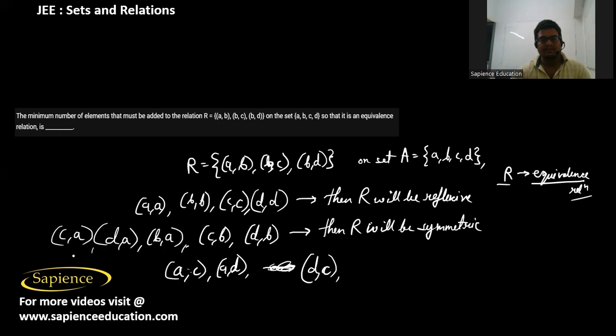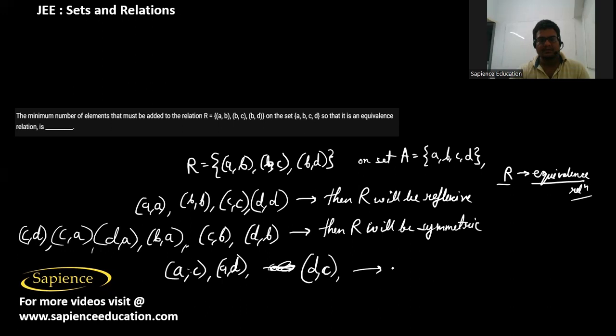And DC is there, so CD also should be there. DB is there, BD, okay. CB is there, BD is there, so CD also is there, okay.